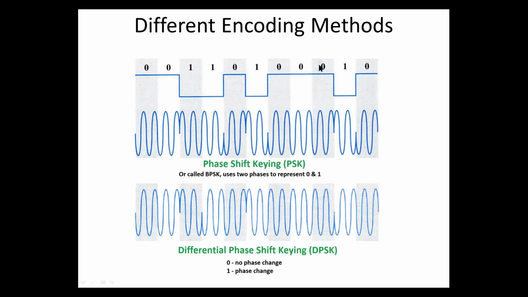Anyway, anything you can do that represents a 0 and 1 could be an encoding method. CW is a binary system in that it's either on or it's off, and it's the duration of the on period that determines whether it's a dit or a da, and then the dit and da combinations determine what the character being transmitted is.